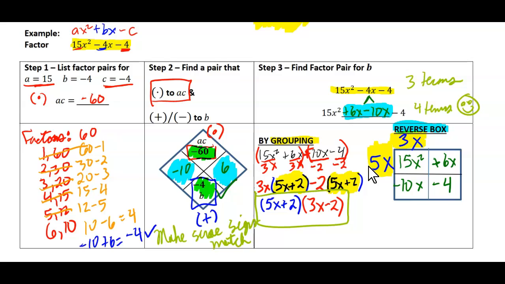What I'm seeing is then, okay, look, this 5x times some regular number needs to multiply to 6. And I know 5 times 1 is 5, and 5 times 2 is 10, so that's not going to work. But I know it factors because I have the diamond, so this has to work. So what does that mean?